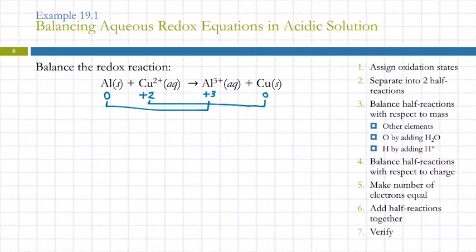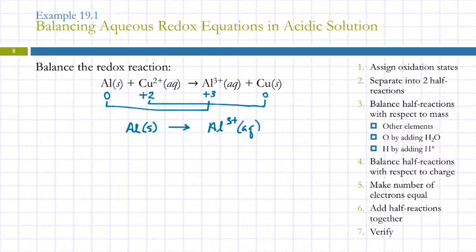So we're going to have two half reactions. I like to just take the first reactant and start with that one. I really don't care what order they're in. So aluminum is going to aluminum 3+. We cannot transform aluminum into copper.